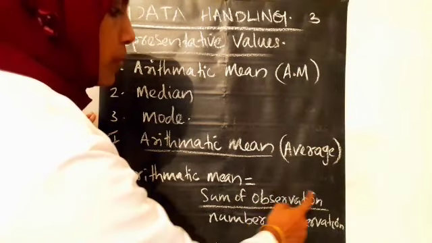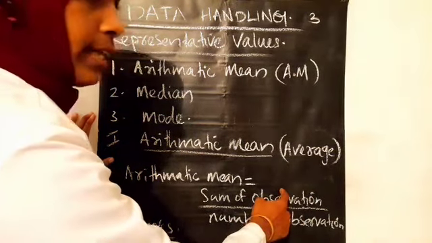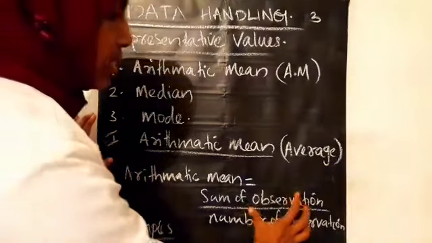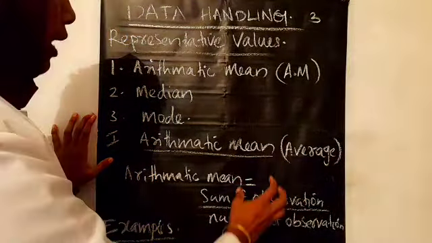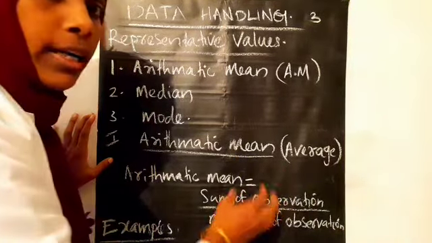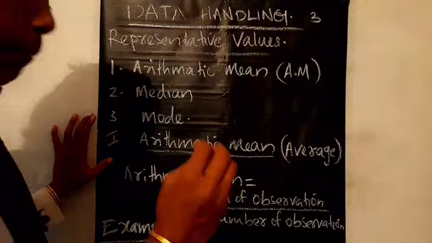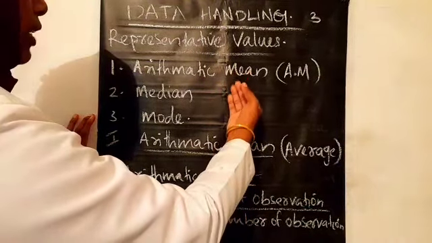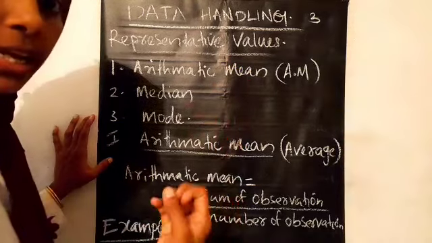Numbers means observations, the collected data, the mathematical way of collecting data. For arithmetic mean, median and mode, you need numbers. Using numbers only we can find arithmetic mean, median and mode.